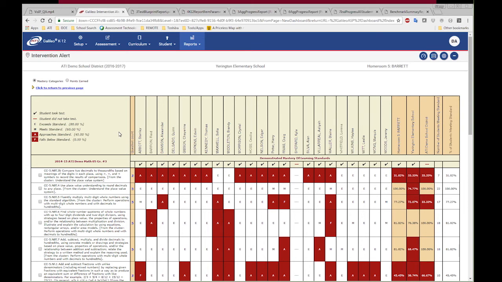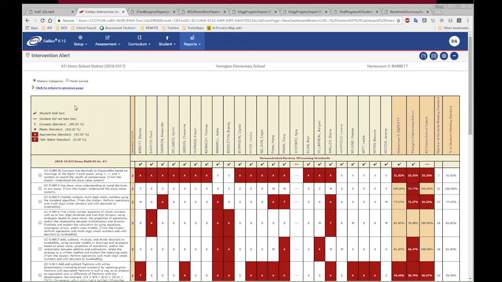And here you can see that the students are across the top and they've got red and white boxes indicating whether or not they've mastered a particular standard based on the number of questions they've answered correctly.